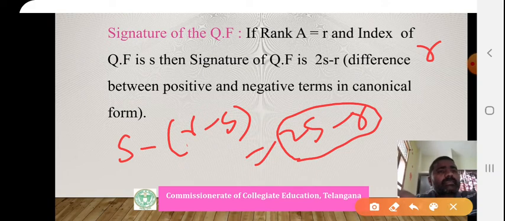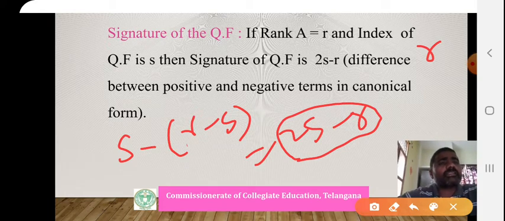That is the excess number of positive terms over the negative terms.